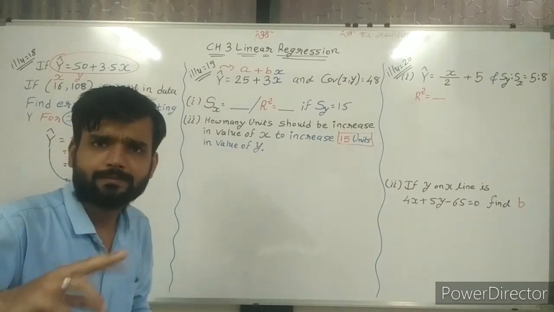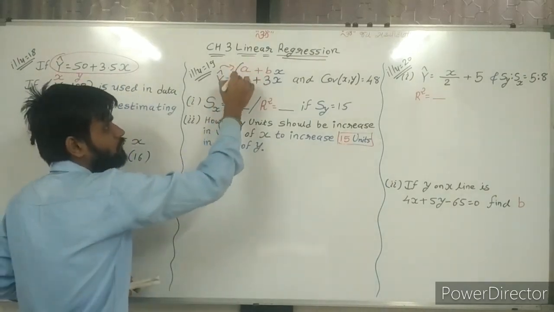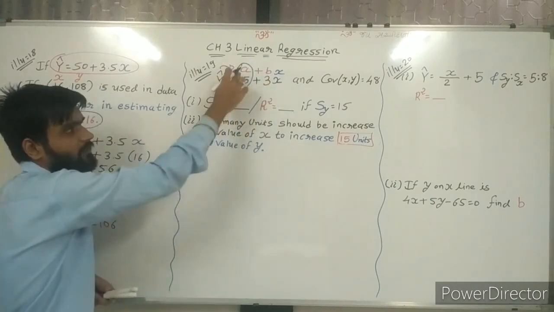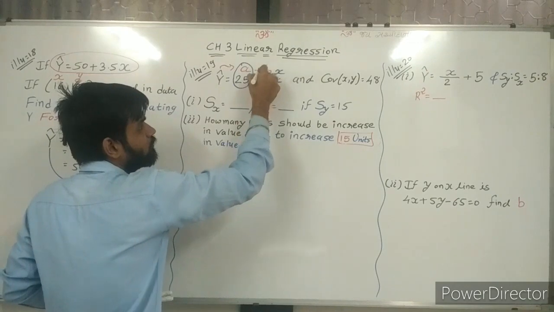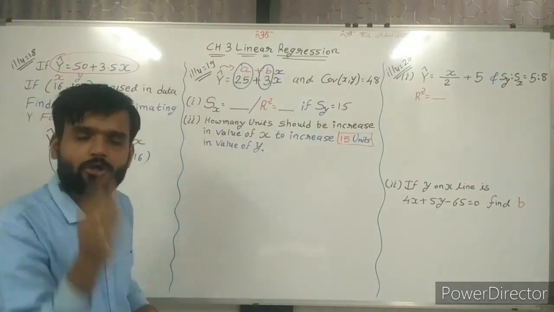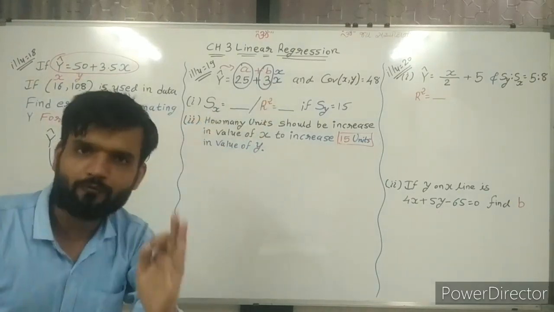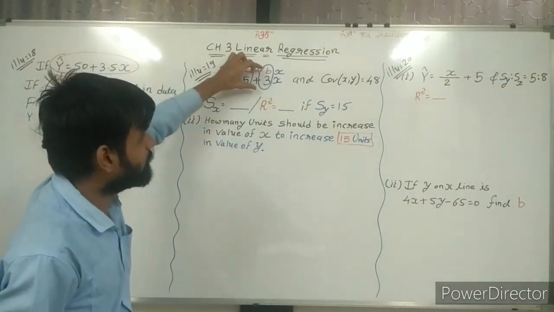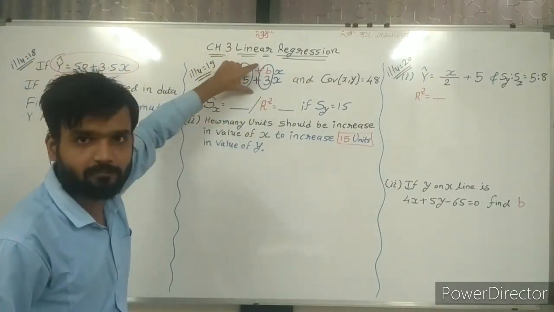Now compare. a is equal to, sir, 25. b is equal to, sir, 3. Whatever coefficient is given with x is called b. So b is equal to 3 because the signs are the same.